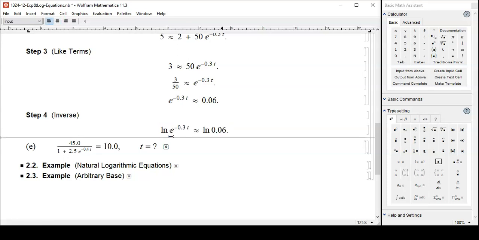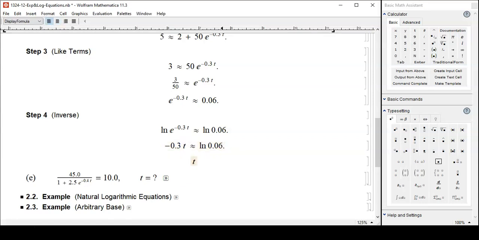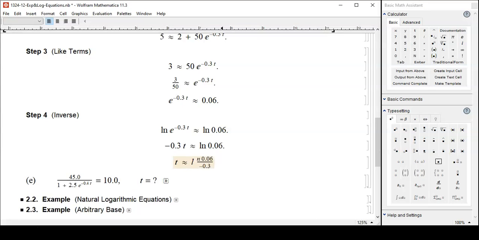So in the end, what do you get? Negative 0.3t is log of 0.06. So therefore, t is approximately equal to log of 0.06 divided by negative 0.3. Sorry about my mouse mistake. In the end, what do you get?